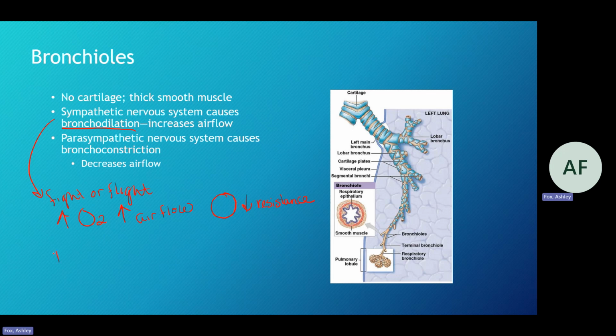When you are resting and digesting, so you're in the parasympathetic, rest and digest, this is going to cause bronchoconstriction. So you decrease the diameter of the bronchioles. You don't need as much oxygen right now. You still need it. You still need airflow at all times.